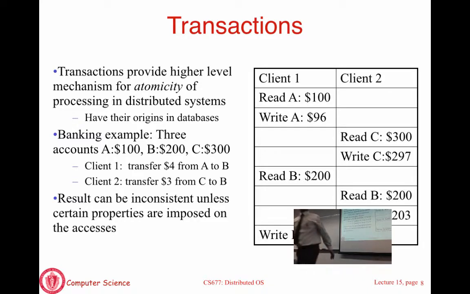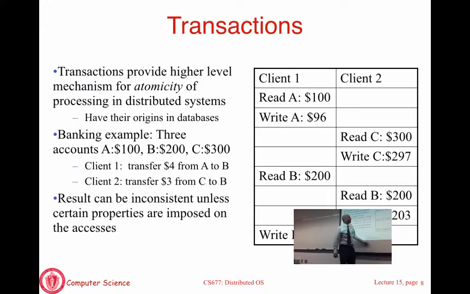This is a different thread or a different process that's also accessing the same database. It starts running, and when this is happening, this process is not running, because you're doing CPU scheduling here. So we're assuming process 1 ran, 2 instructions executed, its time slot expired, process 2 ran. In this case, we're going to read C's balance, say 300, and write C 297.